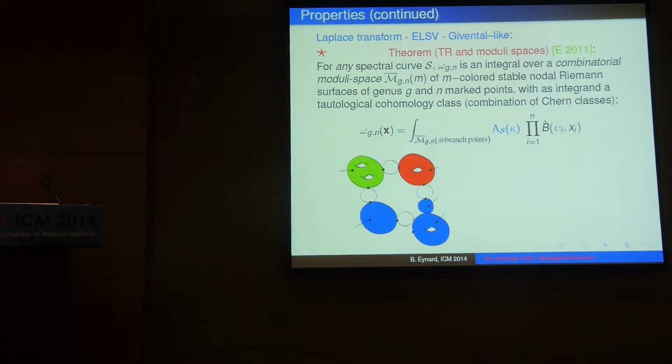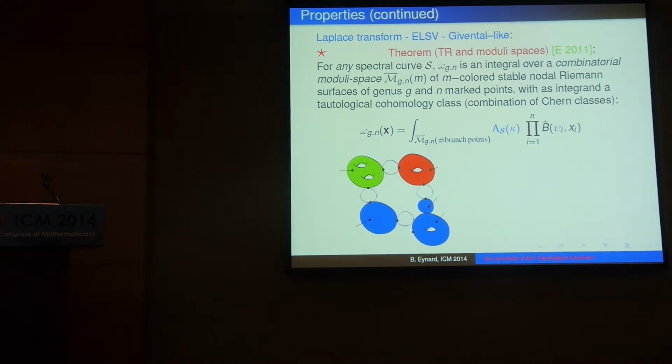Well, this theorem would not be very useful if that cohomology class on that moduli space were complicated. But in fact, they are very simple, and that's why this theorem is useful. This M g n is in fact just a combinatorial space. So it's represented by diagrams like that, colored diagrams. There are as many colors as the number of branch points in the spectral curve.